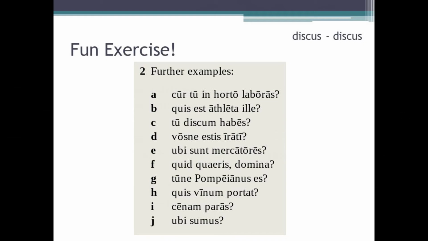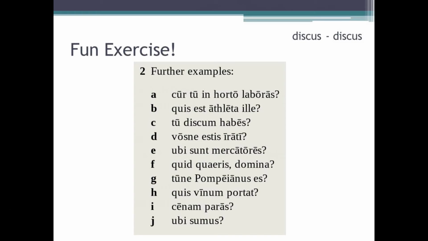G. Tune Pompeianus es? Are you Pompeianus? H. Quis vinum portat? Who is carrying the wine? I. Cenam paras?